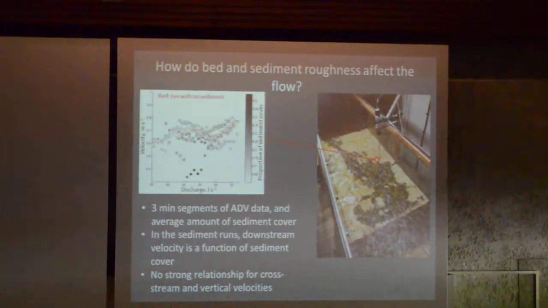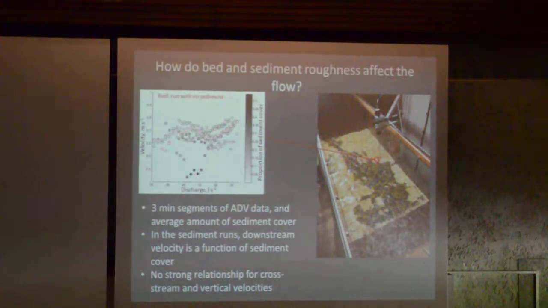Each of those points is shaded according to the amount of sediment that was in that area of the bed during that 3-minute duration. So white points have got no sediment cover. The red points are from a run when there was no sediment in the flume at any point during the experiment. And the darkest points have got the most sediment cover.